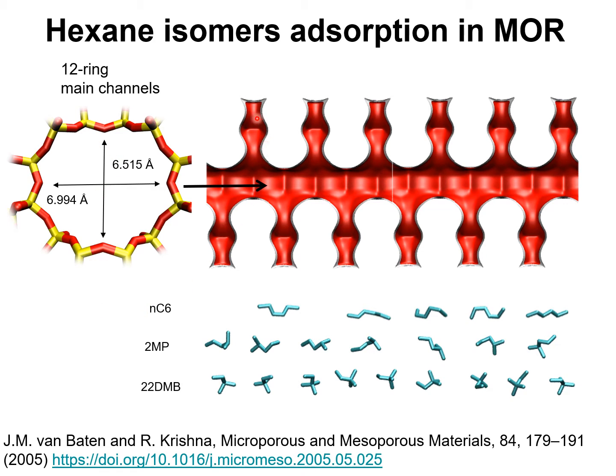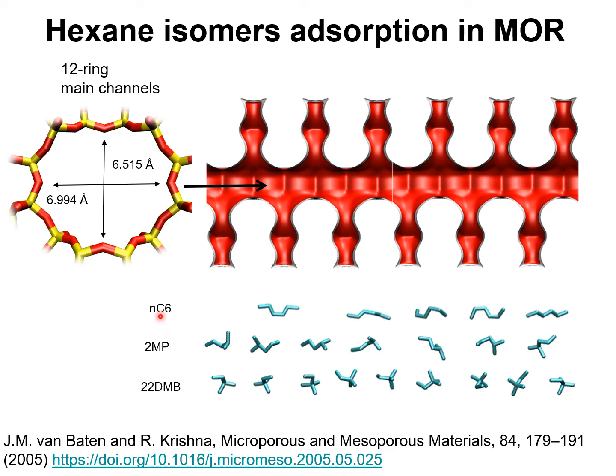Connected to these channels are side pockets, but these side pockets are small and none of them are able to adsorb the hexane isomers. The isomer adsorption occurs in the main 12-ring channel.